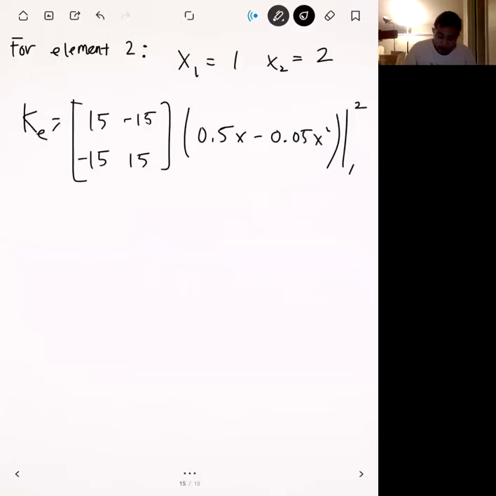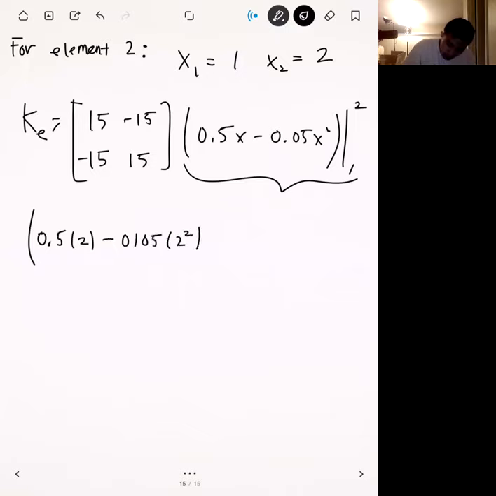All right, let's go ahead and evaluate this. First we evaluate at x equal to 2, so we have 0.5 times 2 minus 0.05 times 2 squared, minus 0.5 times 1 minus 0.05 times 1 squared.